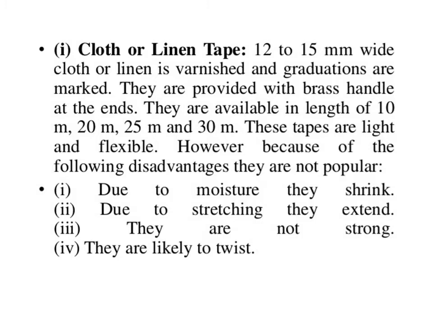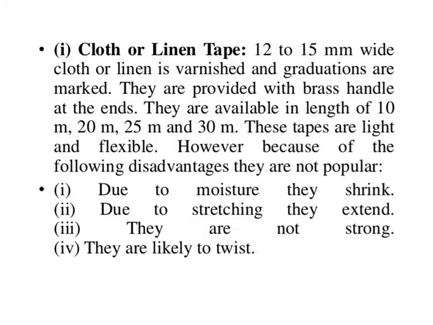Generally, the length of cloth or linen tape is 10 meter, 20 meter, 25 meter and 30 meter, and the width of tape is 12 to 50 mm wide, made up of cloth. It is varnished and graduations are marked.